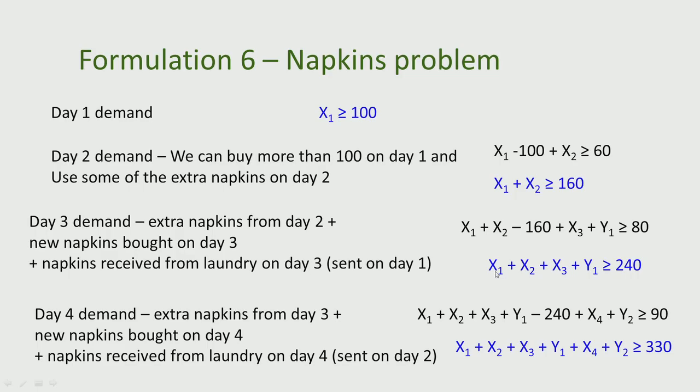The third constraint has x1 plus x2 plus x3 and a y1 and 3 days demand. The fourth constraint has x1 plus x2 plus x3 plus x4, which is new napkins bought on 4 days, plus y1 plus y2 napkins that are coming in, and then greater than or equal to sum of the 4 days demand. So, you can see that pattern emerging.